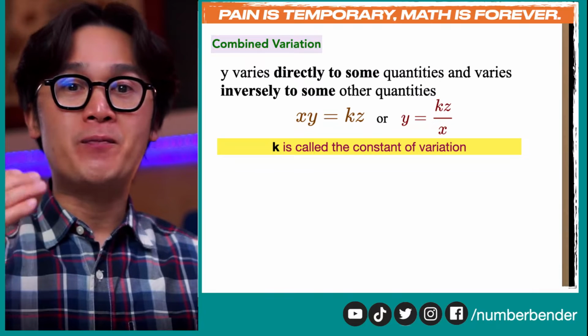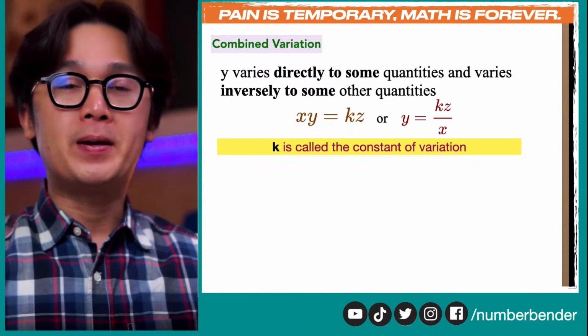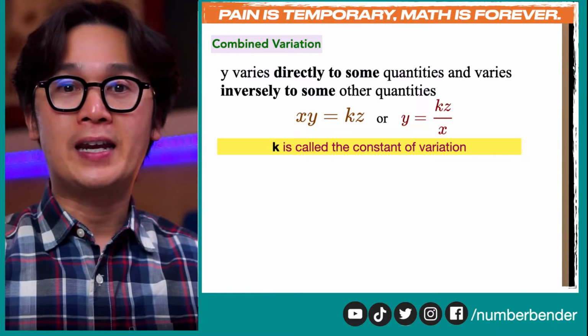So this is the specific format of the equation that we're going to be formulating based on the given variables that we're going to be working on in our word problems.